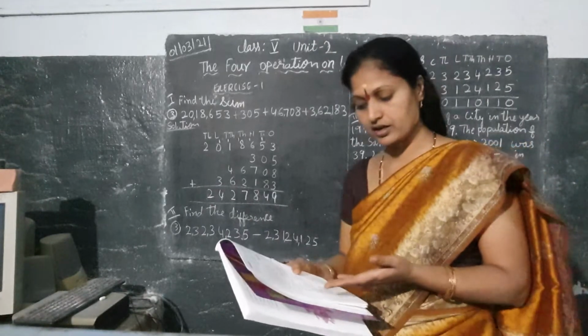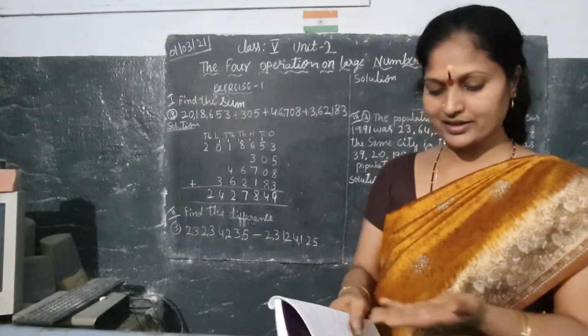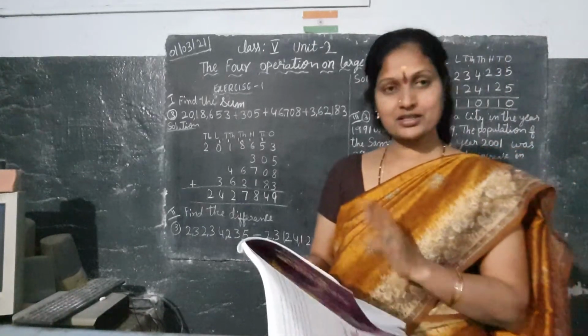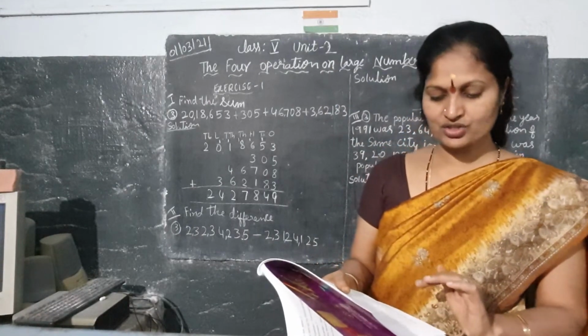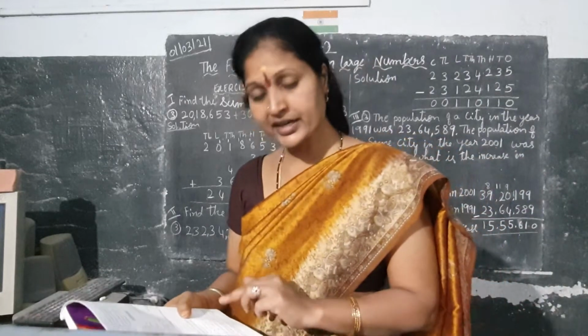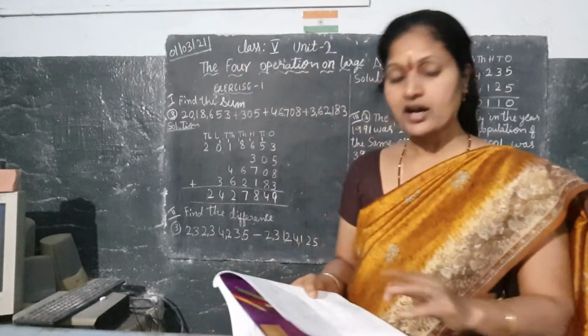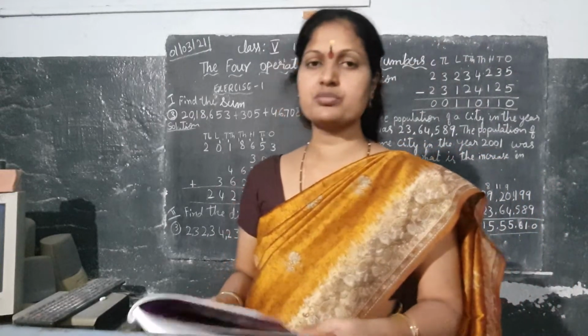Answer the following. The following is the numbers of teachers working at different levels in the country. Primary level this many teachers, upper primary level this many teachers, high school level this, and higher secondary level teachers this many, and we have to do the addition, children. All properly, these are word problem sums, children.